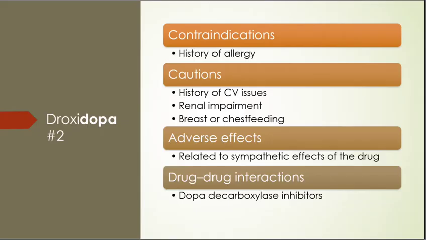Since droxidopa must be converted to norepinephrine by the enzyme dopa decarboxylase, medications that block the enzyme may reduce the effectiveness of droxidopa. Droxidopa raises blood pressure by increasing norepinephrine levels, so patients should be monitored for cardiovascular effects, hypertension, and potential drug interactions that may reduce its effectiveness.